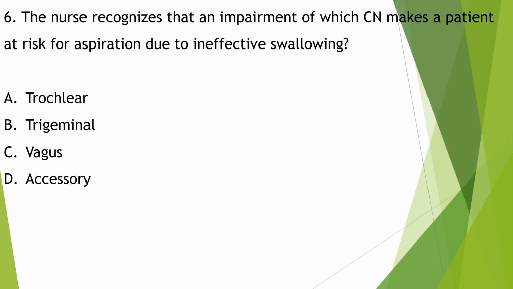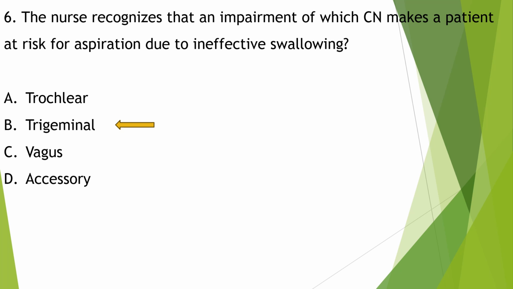Trochlear, trigeminal, vagus, accessory. The cranial nerves involved in the effective swallowing include cranial nerve 5, that is the trigeminal, cranial nerve 7, that is the facial, cranial nerve 9, that is glossopharyngeal, and cranial nerve 12, that is hypoglossal.